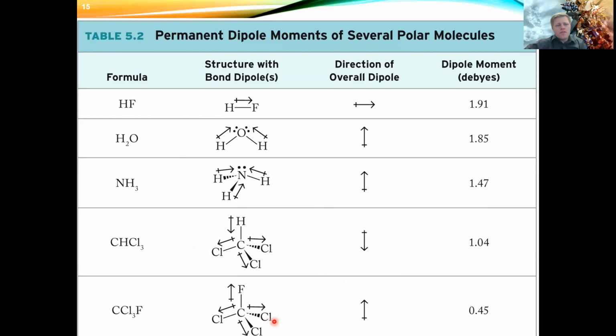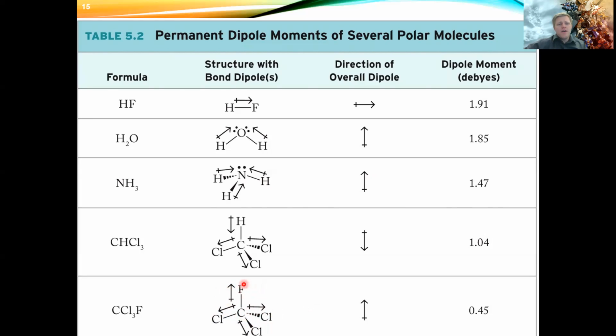And now this last one, we have a molecule with four polar bonds. They're all competing with each other. We have this tetrahedral structure where they're all facing away from each other. And if this was carbon bonded to four chlorines, this molecule would overall not be polar because all the dipole moments would cancel each other out.